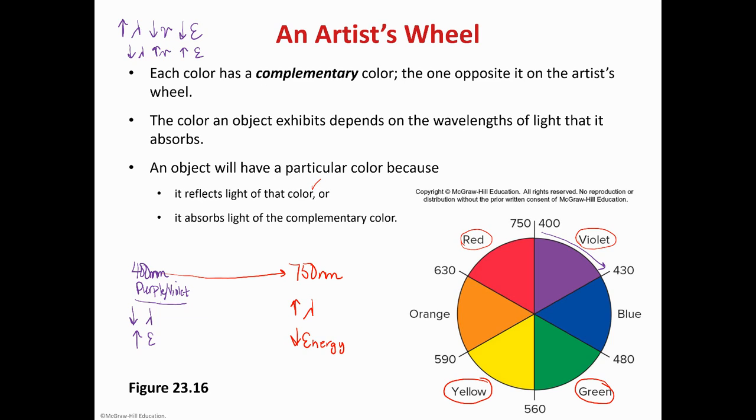Okay, so again, for the compounds we're going to look at, and when we talk about a spectrophotometer, if an object absorbs light of a specific color, it's going to transmit all the rest of them, and that's going to appear to us to be its complementary color.